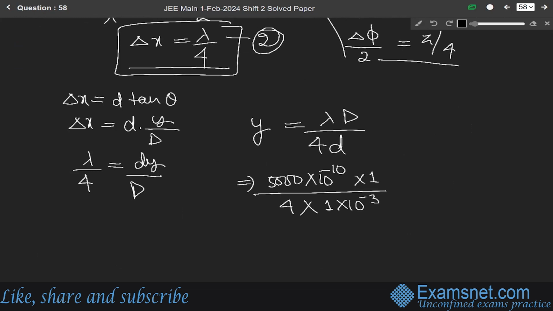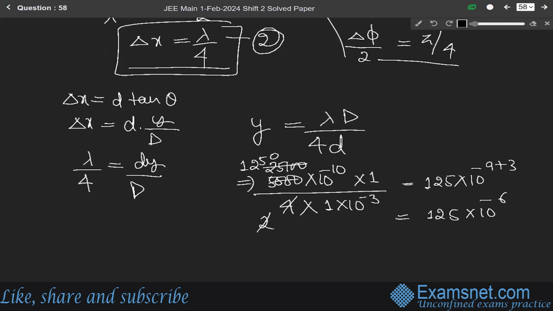So solving it, we get 125 into 10 to the power minus 9 plus 3. So it will be equal to 125 into 10 to the power minus 6 meter. Okay, this is our final answer.